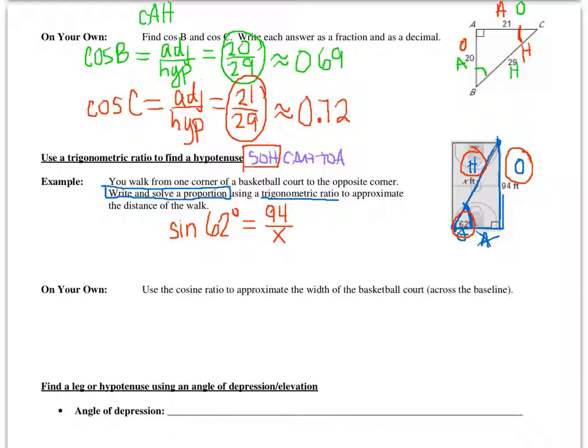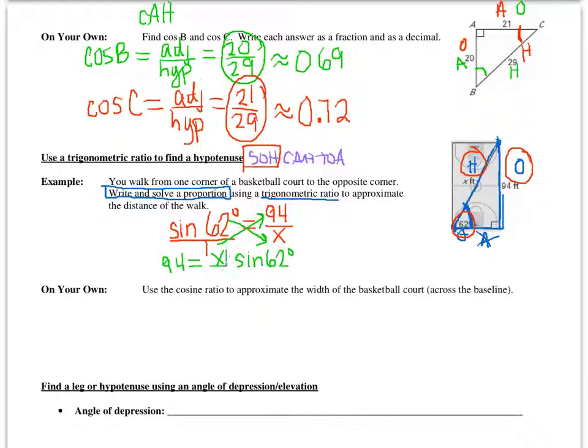Now it wanted me to write and solve a proportion. I only have one side of my problem being a fraction now, so I can put sine of 62 over 1. Now I have a proportion, and I can cross multiply. So I've got 1 times 94, so that's 94 equals sine of 62 times x, so that's x times the sine of 62 degrees.